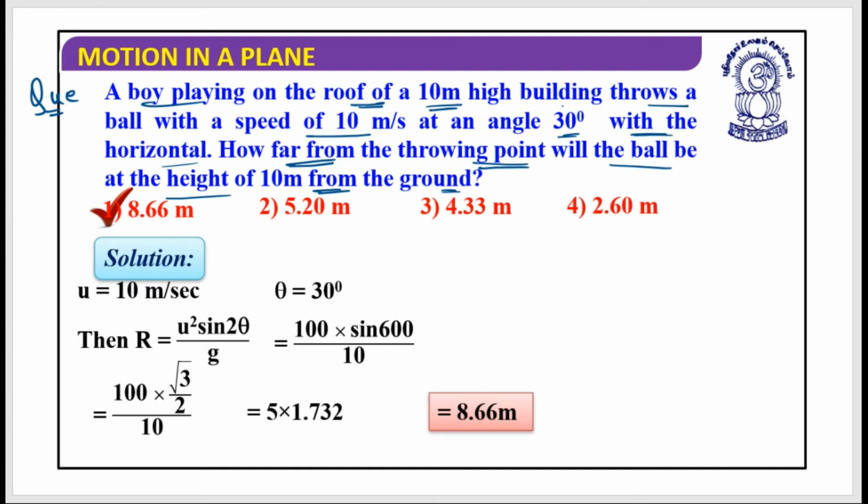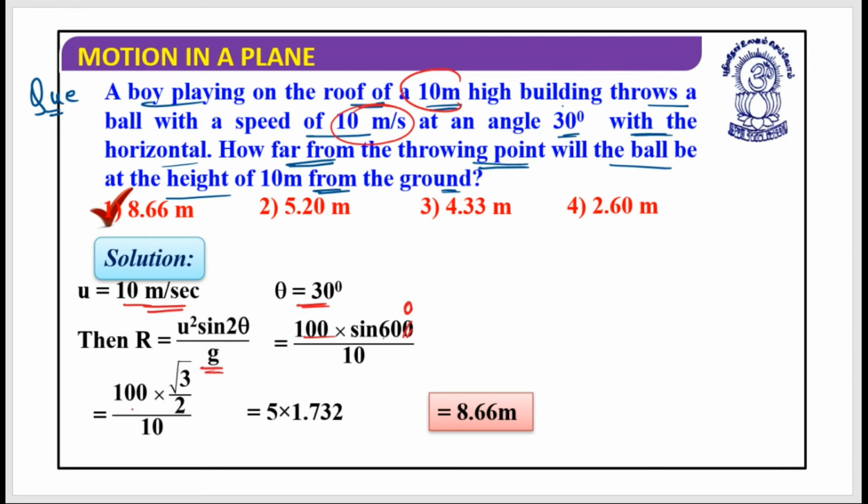What all is given? The initial velocity is given, that is 10 meter per second. An angle theta is given, theta is equal to 30 degrees. Now what I want is the range. It's u square sine 2 theta by g. This is 10 into 10, 100 multiplied by sine 2 theta, it's 2 into 30, it's 60 degrees, divided by g.